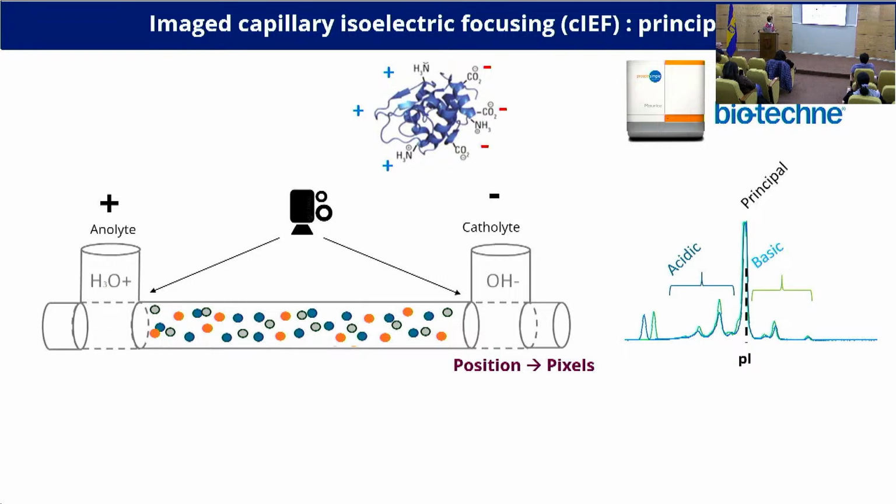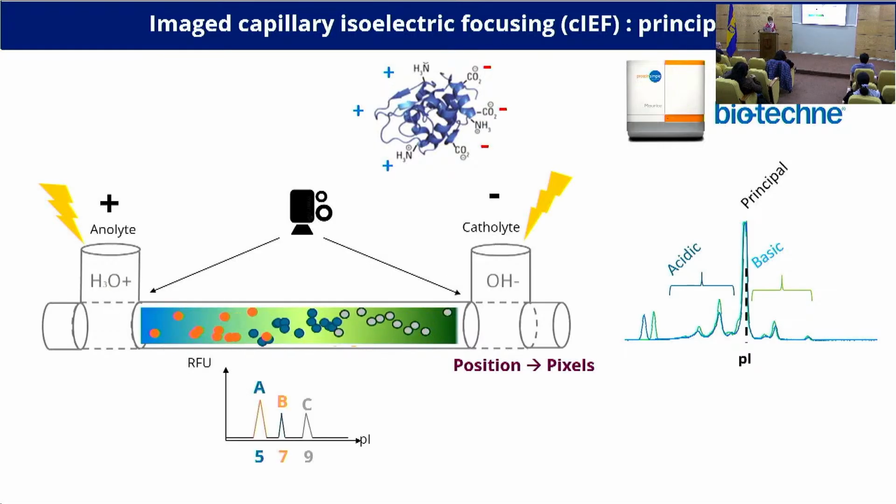So the capillary is filled with ampholyte, and when the electric field is applied, a pH range is established all along the capillary, and the different species will migrate until they reach the pH corresponding to their PI, isoelectric point.